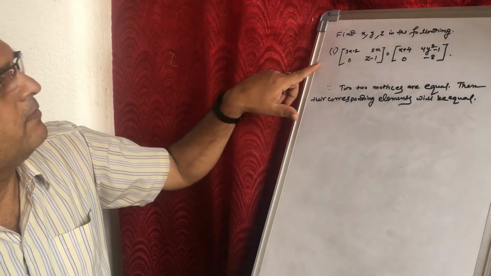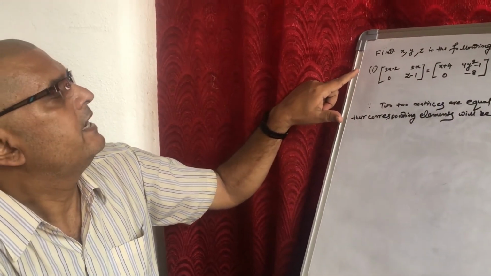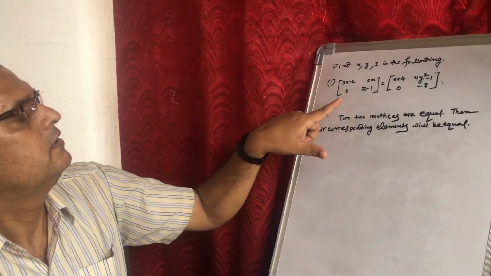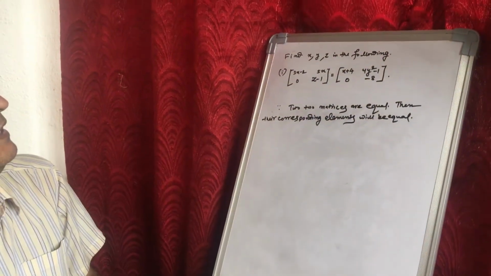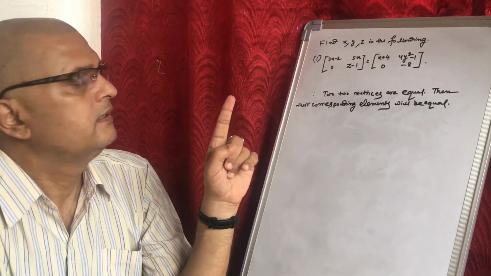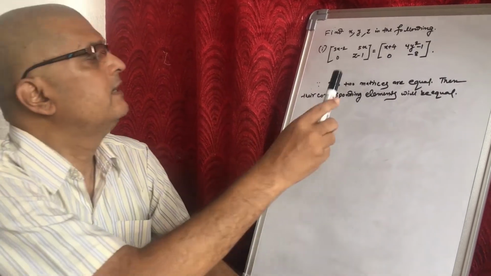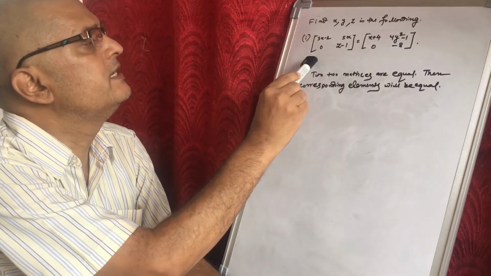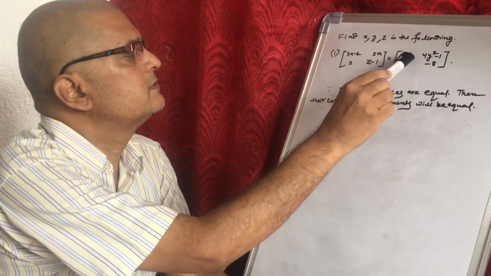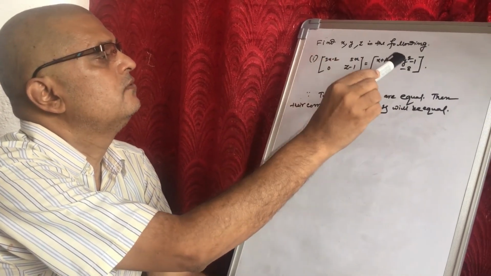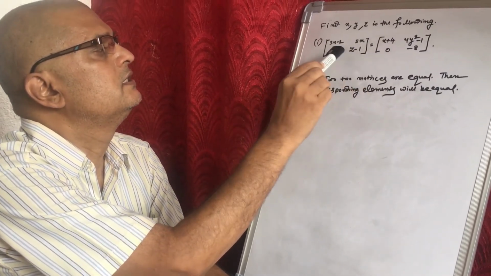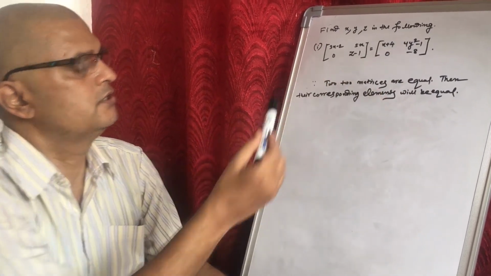Now I am solving another problem. The problem is to find the value of x, y, z in the following, where the two matrices are equal. Now we know that if the two matrices are equal, their corresponding elements will be equal. That means 3x minus 2 is equal to x plus 4, 5x is equal to 4y square minus 1, 0 is equal to 0, z minus 1 is equal to minus 8.